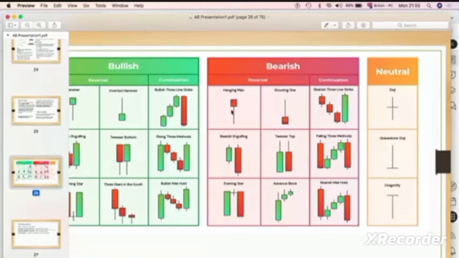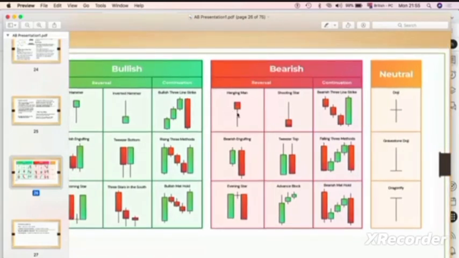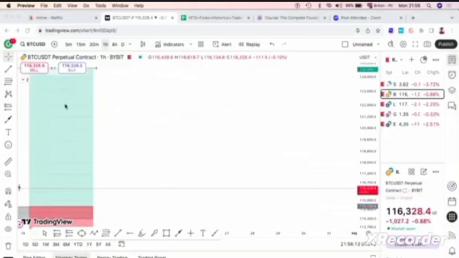So here we have a hanging man, and we have a shooting star. Those are all reversal candles which we are going to try to see on our price charts and see how we can use them to identify trend and how we can use them to trade. So let's go trade one on our chart.